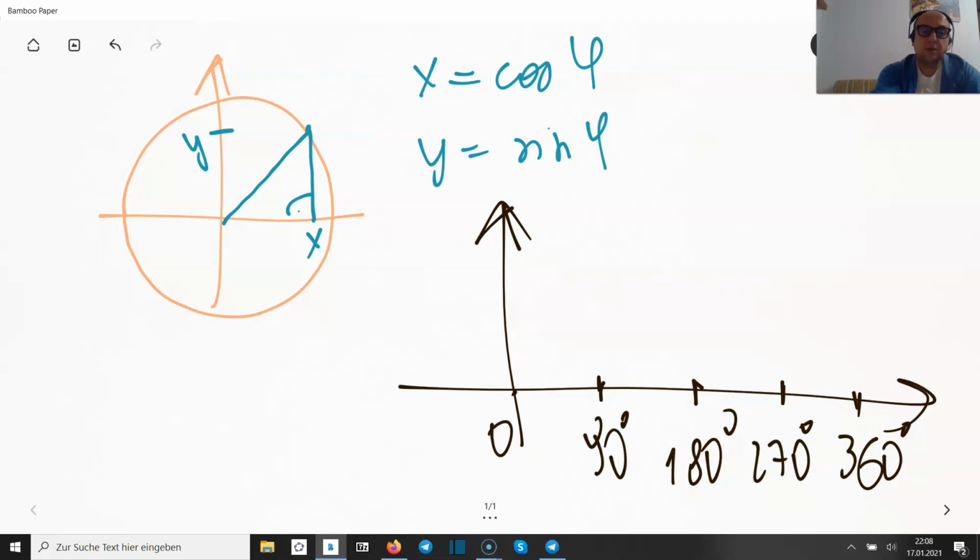Well, we know for sure at 0, if this angle is 0 degrees, so we're just lying here, the y value is 0 as well. At 90, we're at 1. At 180, we are at 0. We're talking about the y values, as you can see. At 270, we're at -1, and at 360, we're coming back to 0.